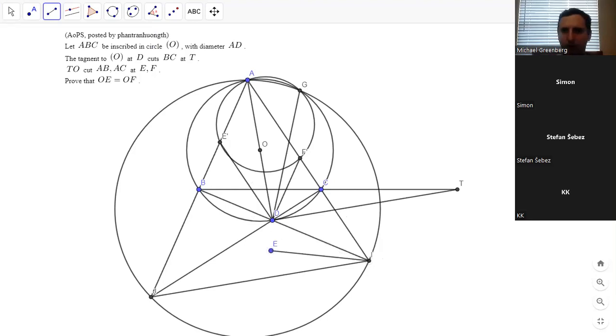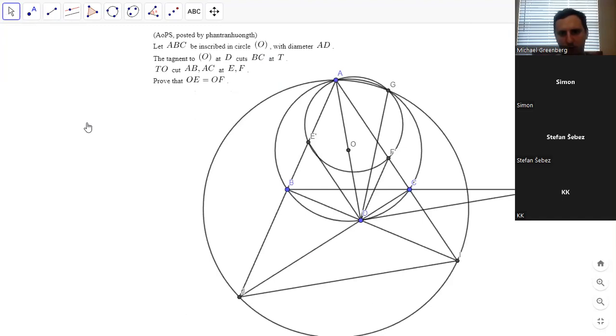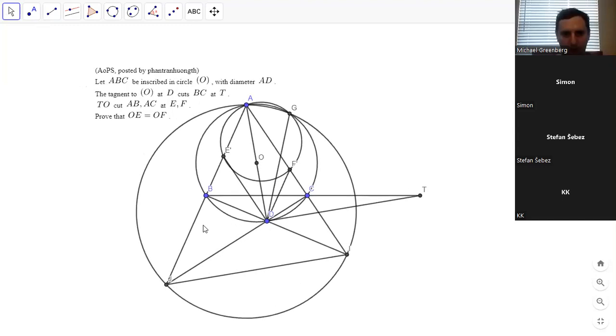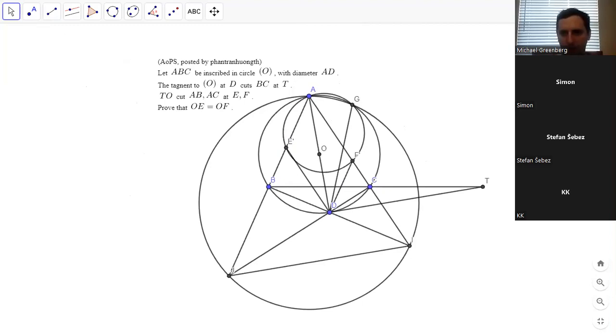Okay, so let the parallels through D. Let me make some room here. I'll just shrink the diagram just a little bit. Put this a little bit out of the way.